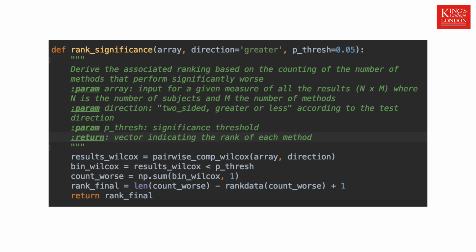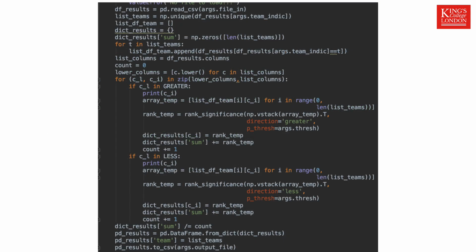And then I do that for every single metric. That's here. And for all the possible metrics or measures of evaluation, I perform this ranking, and then I sum everything, and I report by just averaging the ranks over the different metrics.